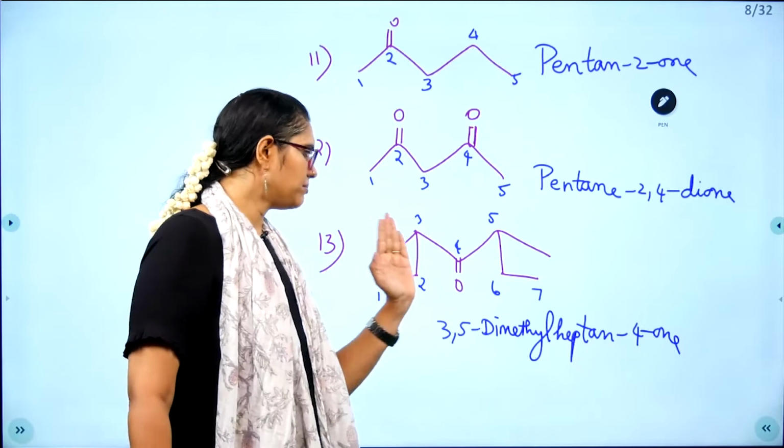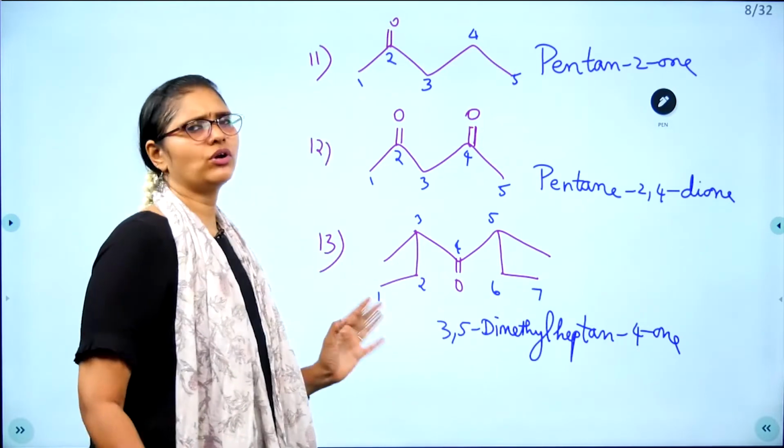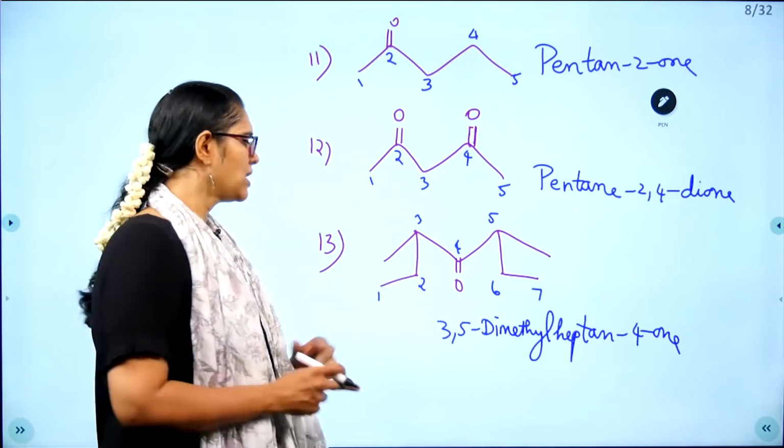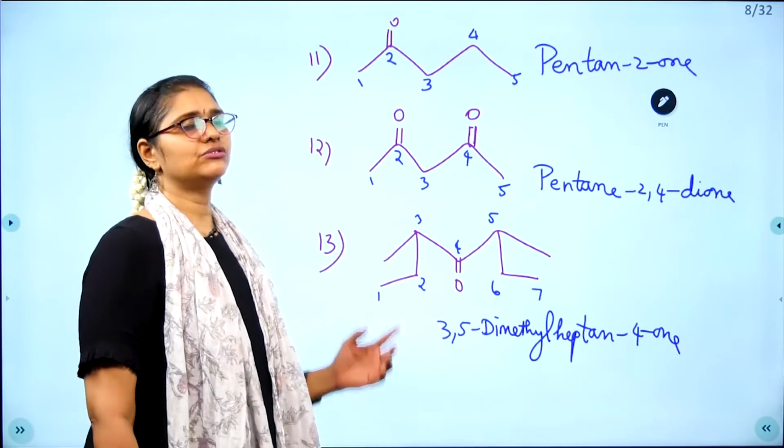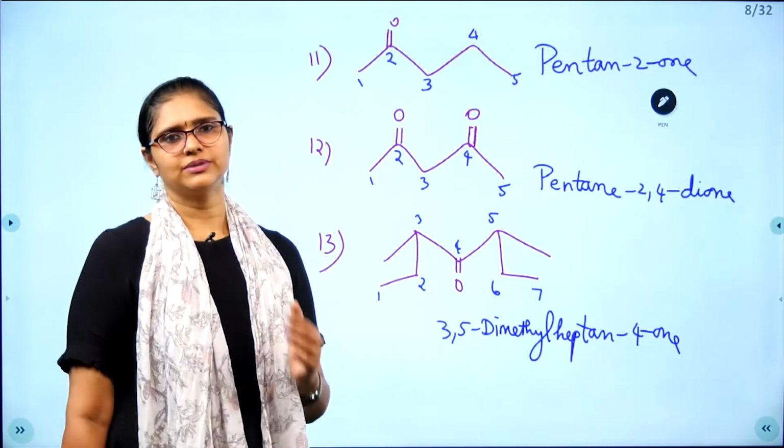3,5 dimethyl, okay? Generally what the students will make mistake here is they will consider this as ethyl group. Yeah, it is ethyl group, but you should select the proper longest carbon chain, okay?